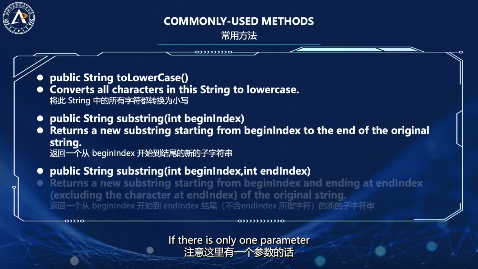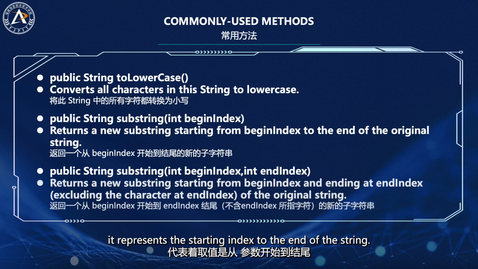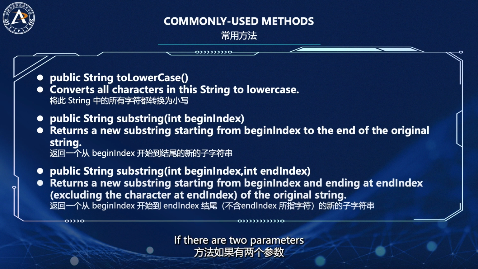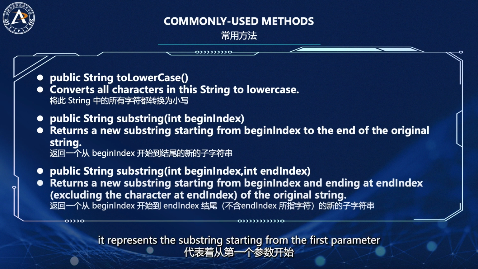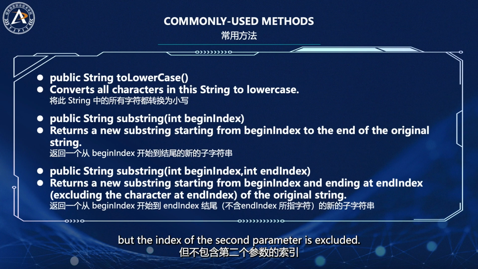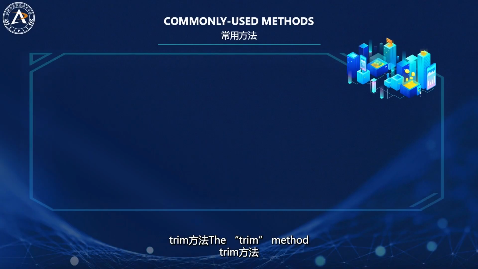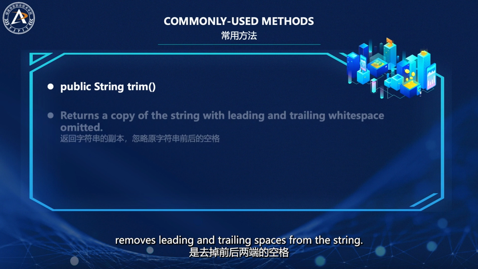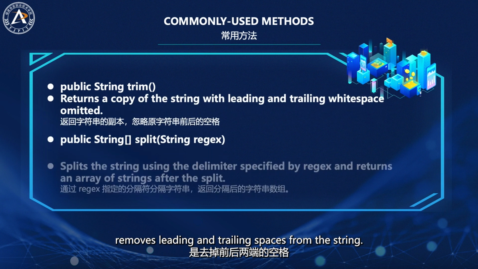If there is only one parameter, it represents the starting index to the end of the string. If there are two parameters, it represents the substring starting from the first parameter and ending before the second parameter, but the index of the second parameter is excluded. The trim method removes leading and trailing spaces from the string.